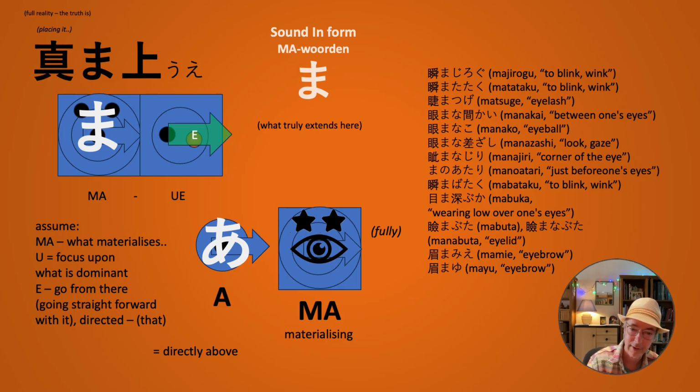Now, funny enough, this character that I designed now like this, as my focus and the superlative focus, can also be quite literal, because when you see ma and all the words with ma, they're all what is just above the eyes, about the eyebrow, the eyelids, the blinking of the eye, what you see, the gaze, the wink, the eyelash, or everything which is just on top of it.